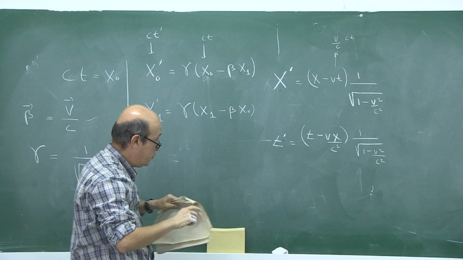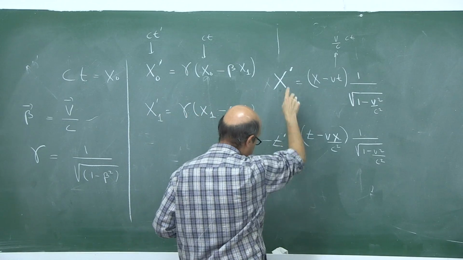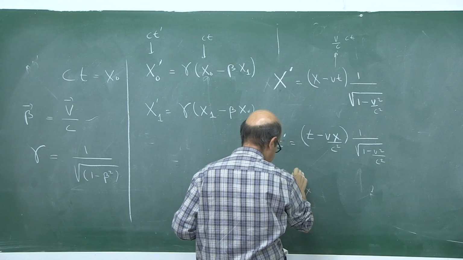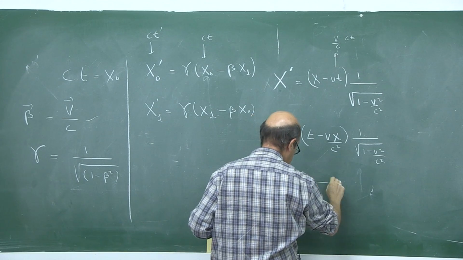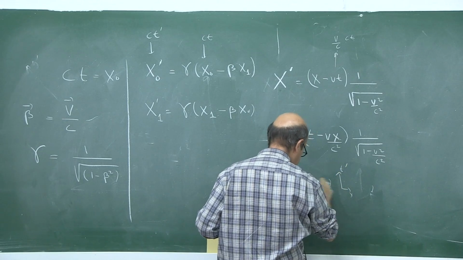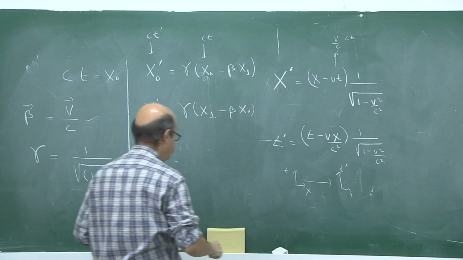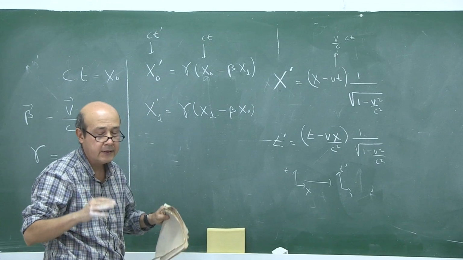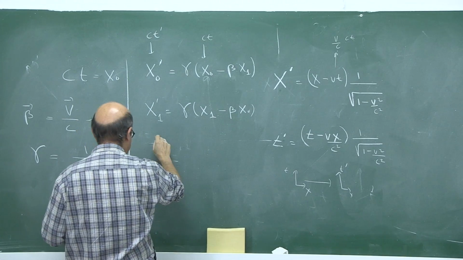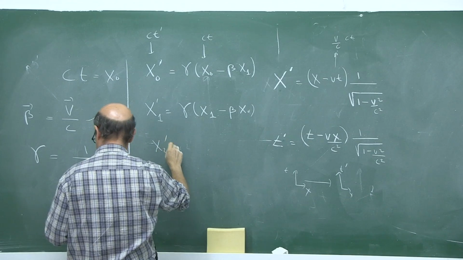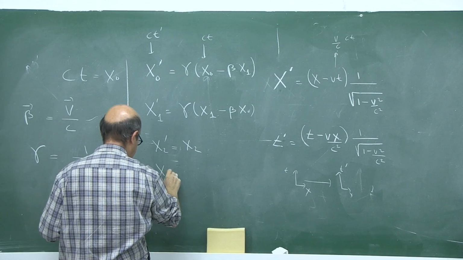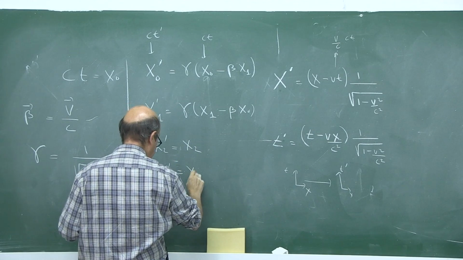This was an example in one dimension. If the two frames are moving relative to each other in one dimension along x, the perpendicular coordinates are not affected by the Lorentz transformation. So basically x2 prime will be x2, x3 prime will be x3.